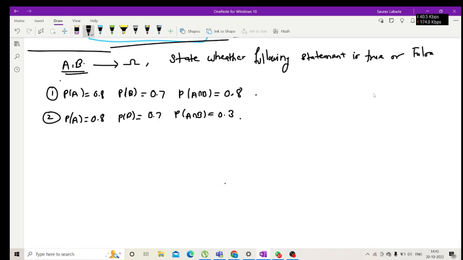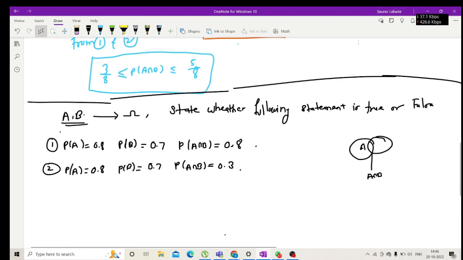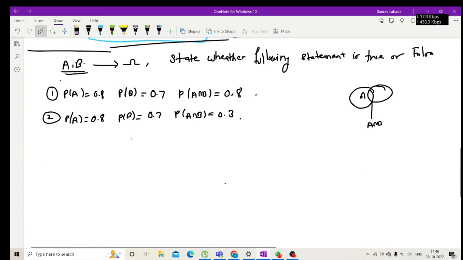Now we have already seen, right? If we have two sets A and B, this is the intersection and this is A. Then the property is that the intersection is always smaller than the probability of A and B, because it is a subset. So A intersection B is a subset of B, and also a subset of A, because it is the smaller set.